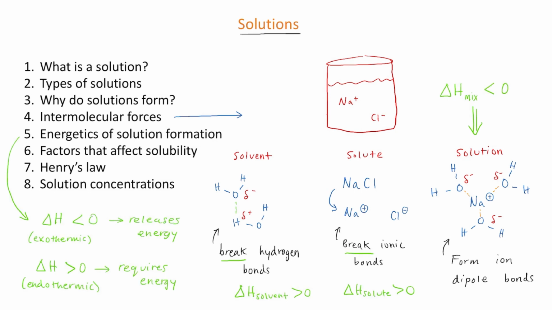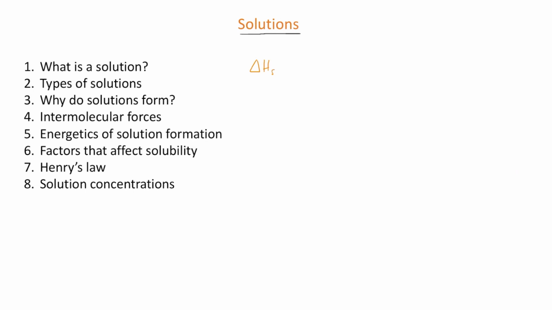So now if we add up the delta H's for the solvent, the solute, and the mixing, we can find the change in enthalpy for the entire solution. And ideally, the change in enthalpy for the whole solution is negative because it's energetically favorable to release energy.